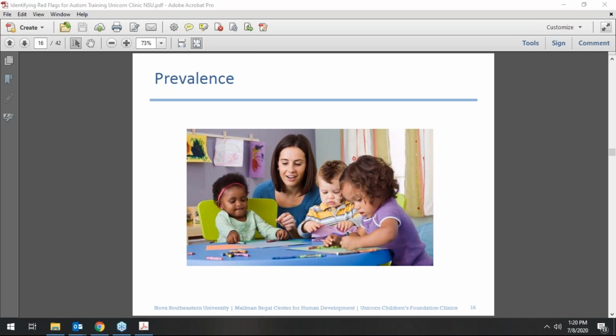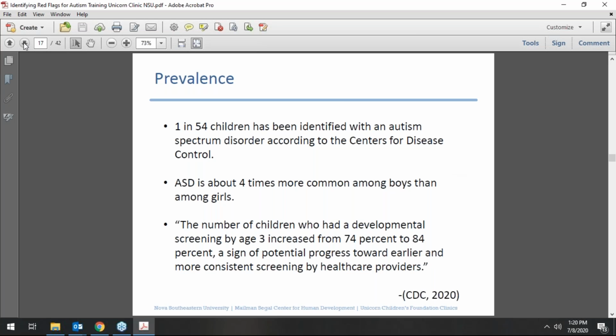Currently, I see a lot of true coming into the chat box, Dr. Shar. Perfect, thank you so much. So in fact, yes, true, the prevalence rate has actually gone up. This is from the CDC, the Center for Disease Control, their most recent article in 2020. It went up from 1 in 59 children to 1 in 54 now identified with autism spectrum disorder.